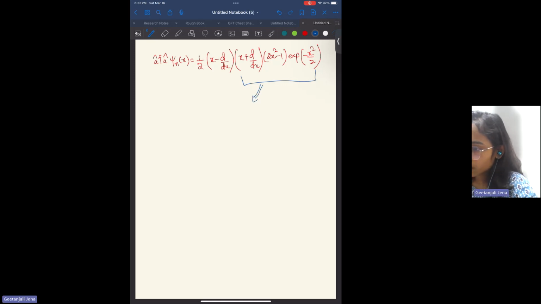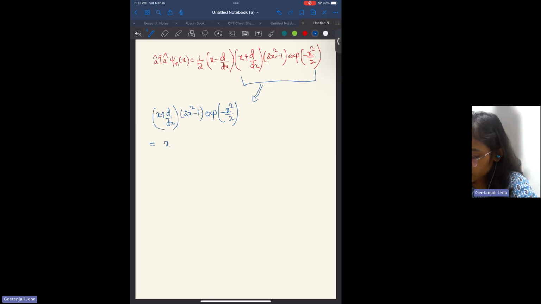This will be x plus d by dx acting on 2x square minus 1 exponential minus x square by 2.